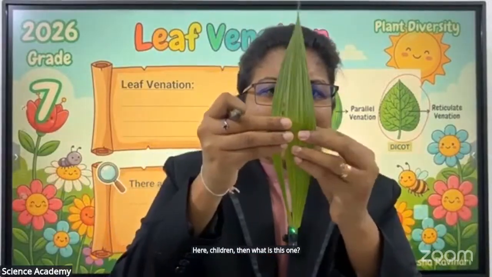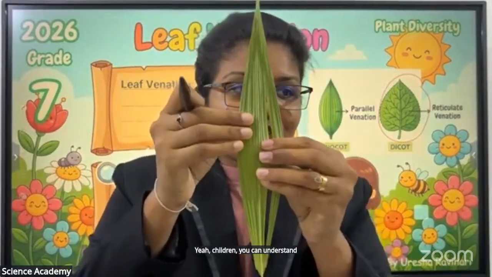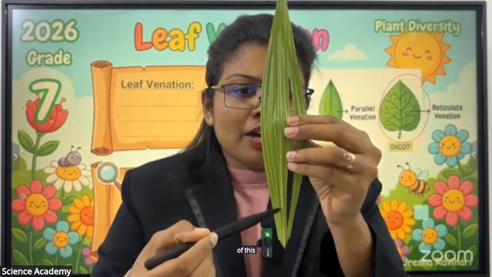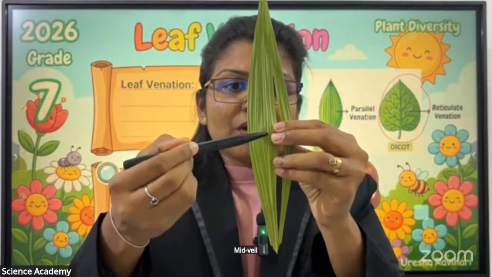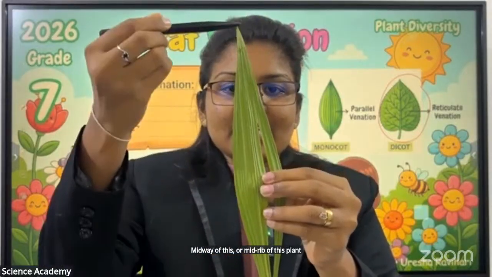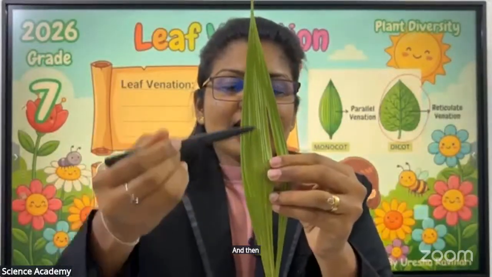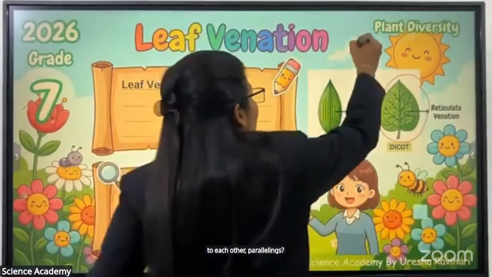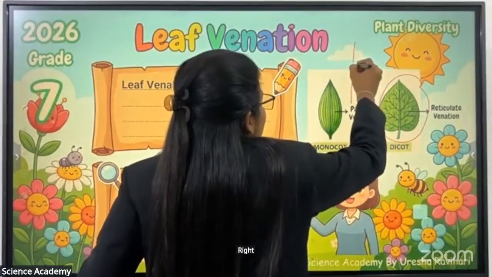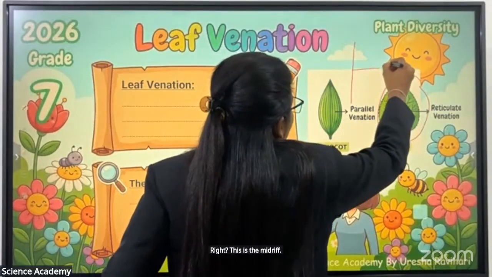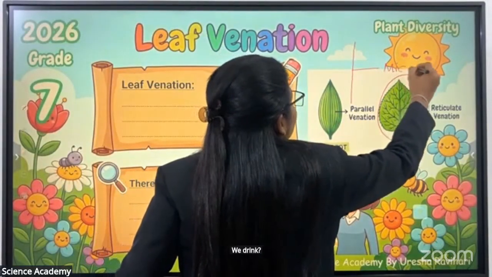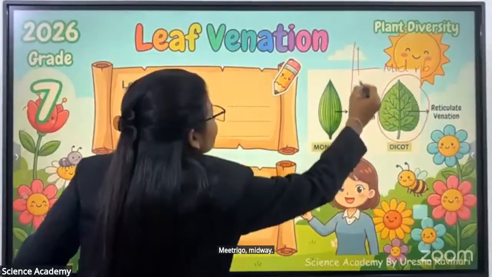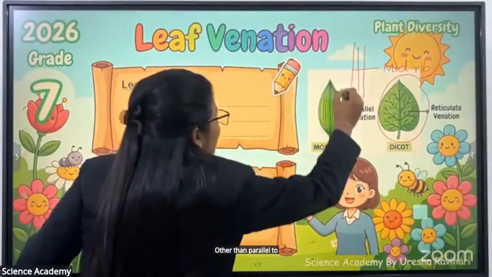Here, if you carefully observe, you can see the mid-vein of this plant leaf is like this, and the other veins are parallel to each other.